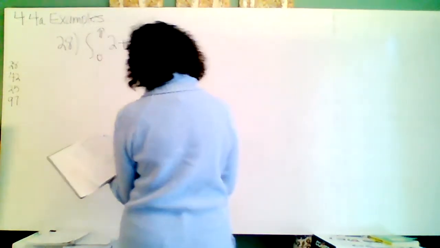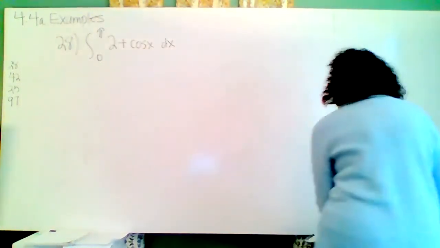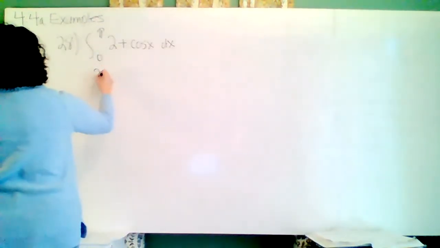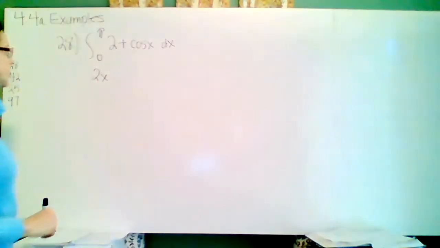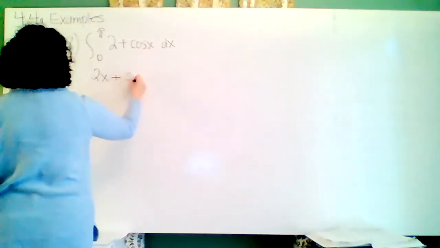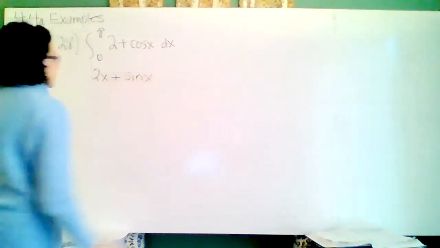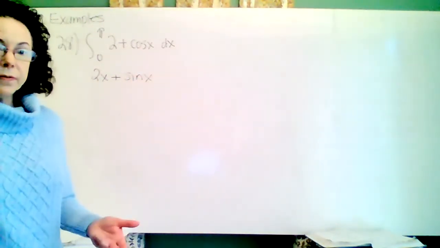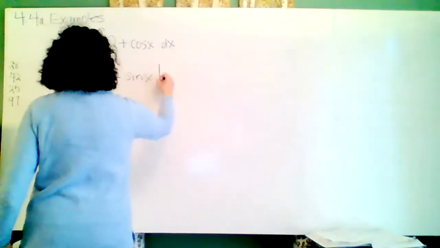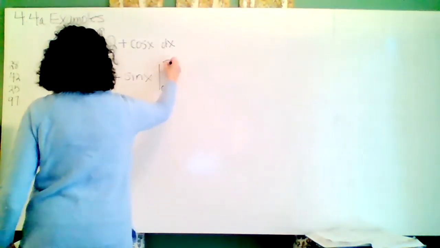We first integrate. The integration of 2 is 2x plus the integration of cosine, which is sine of x, because when I take the derivative of sine of x, I do get cosine. I am going to evaluate that from 0 to pi.